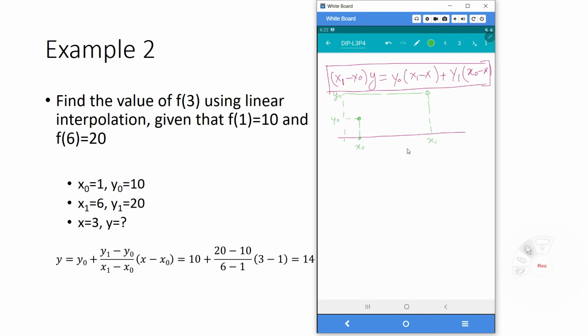So what is this x1? This is x1 minus x naught. This is actually the distance between these two, right? Just remember, distance between these two.